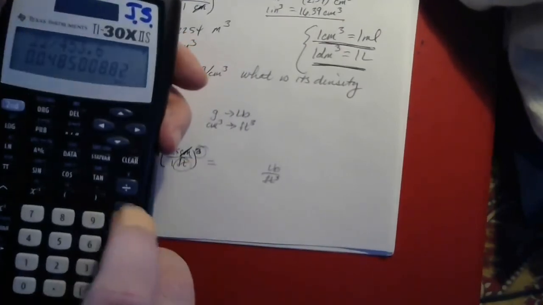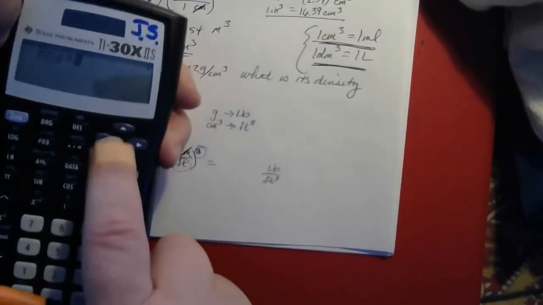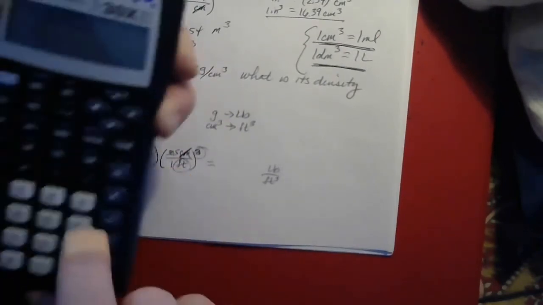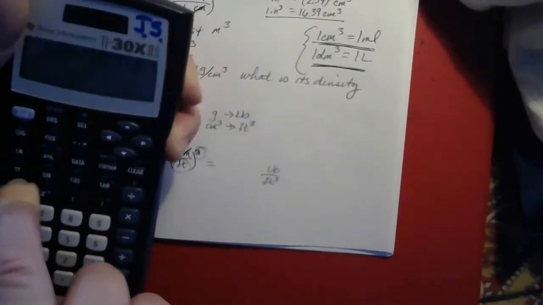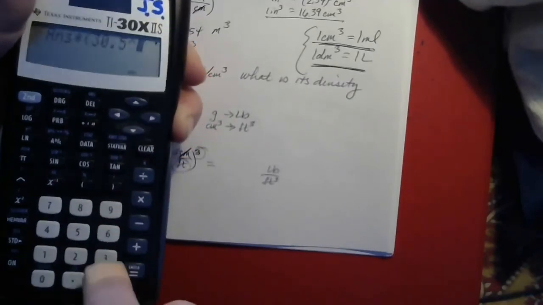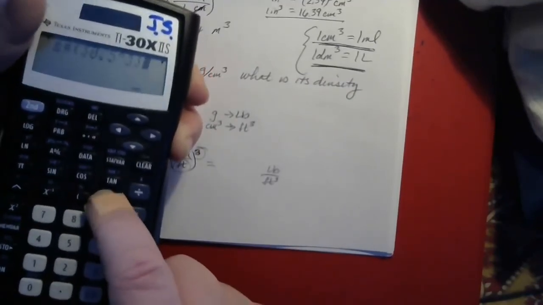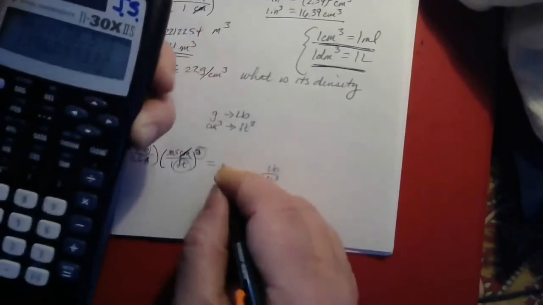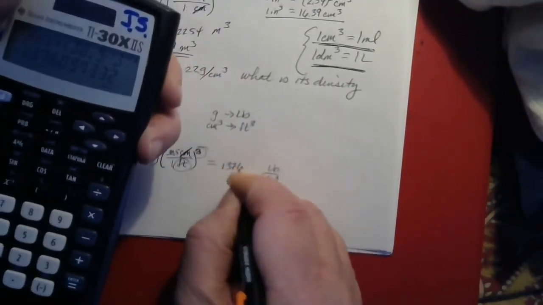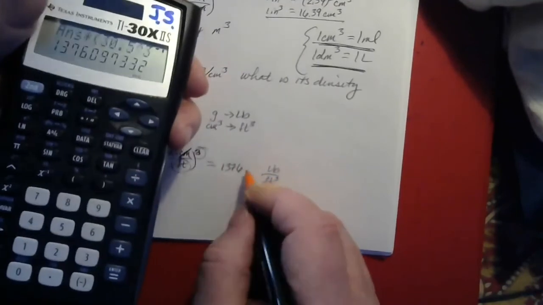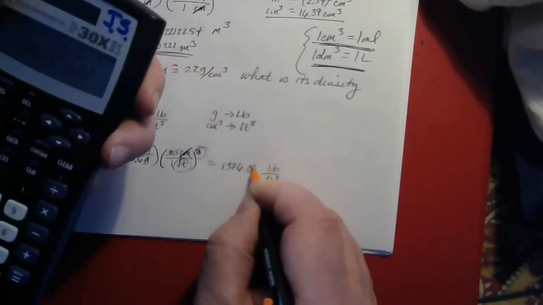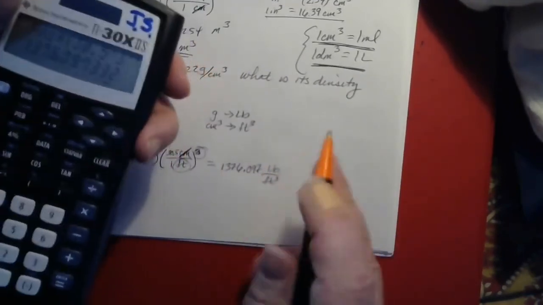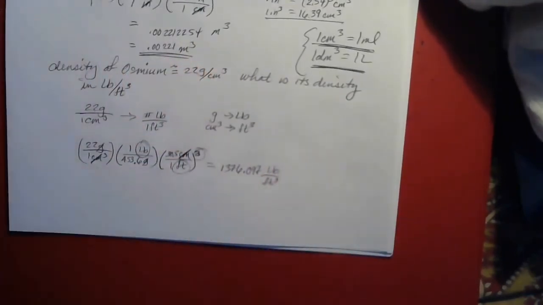So that would be taking this number times parenthesis 30.5 raised to the third power, close parentheses, and hit equals. And we get 1376.097, and it goes on, but I'm going to cut it off there because we're already past the significant figures we're going to be allowed.